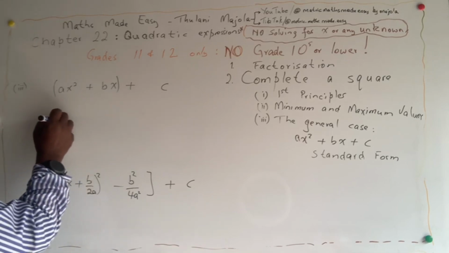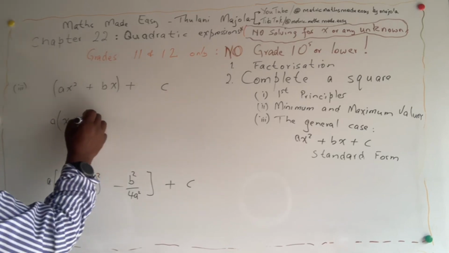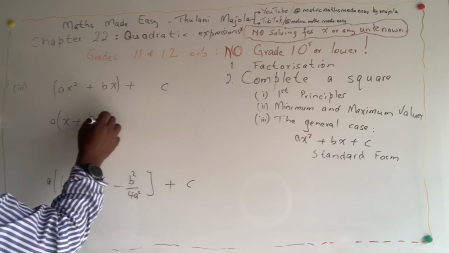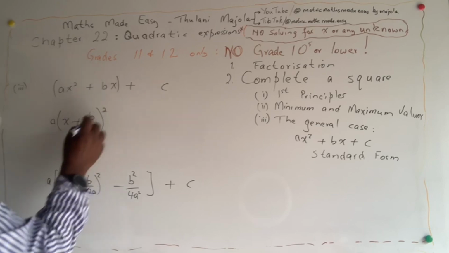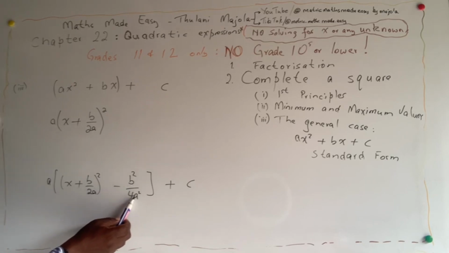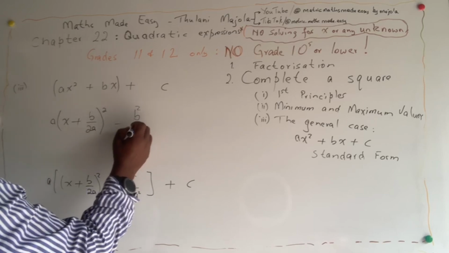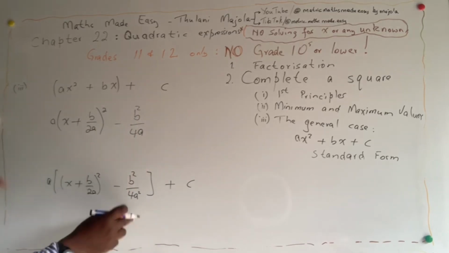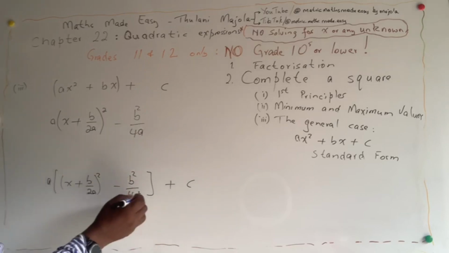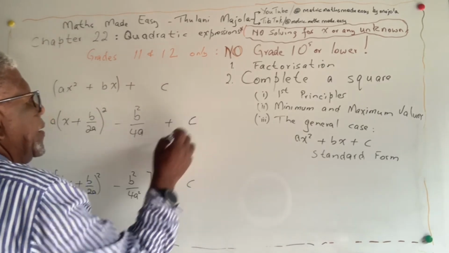When you multiply through by a, you get your first term as a times open brackets x plus b over 2a close bracket squared, and then you multiply your a into b squared over 4a squared. So we're going to have negative b squared over 4a, because when you divide the exponents, you subtract. Plus c.